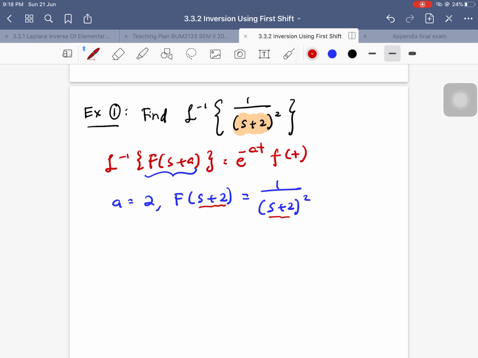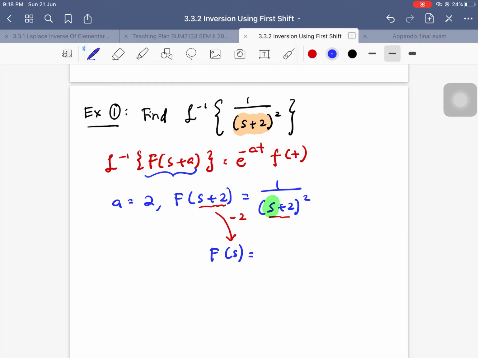So what I'm going to do next is convert this to a function of F of s. I mentioned before, this is the same idea that we do for the second shift theorem. So converting s plus 2 to s, all we have to do is minus 2. So every single time I come across s in the function, that is going to be written as s minus 2.